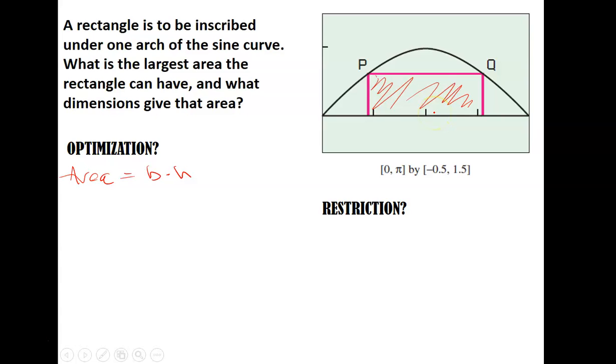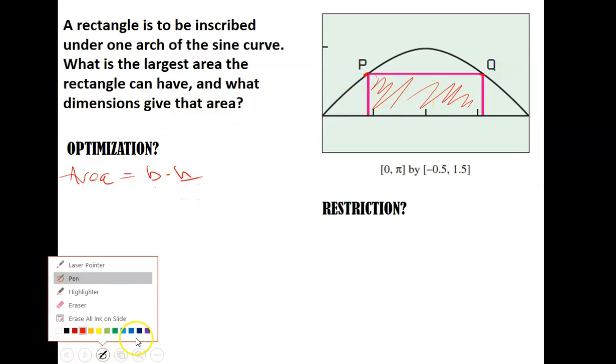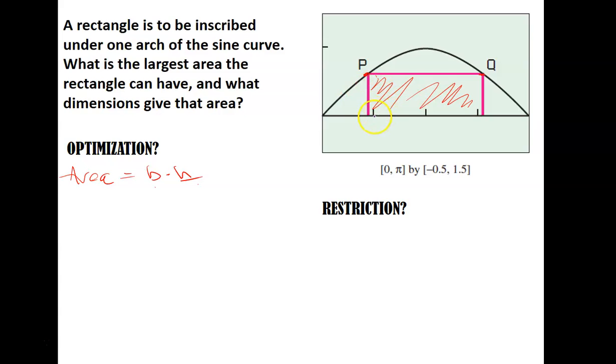A rectangle that is inscribed, in other words, these corners are touching the curve under this sine curve. And the way we're going to do that is by defining base and height in terms of this sine curve and how they relate. First things first, the height is probably the easiest thing to define, because when you have a shape that is inscribed, we know that this distance right here, the height, has to be the height of the curve at that point.